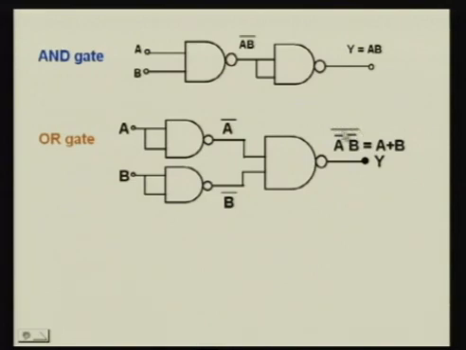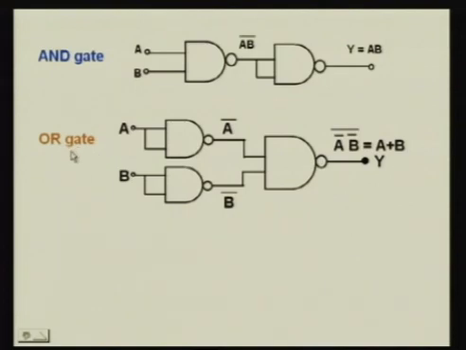So now we need this complement of A bar, B bar. We take A and B as input through inverters, so we will be getting A bar, B bar. We use A bar, B bar as the input, and at the output the complement of A bar, B bar, which we simplify, and then we will be getting A plus B. So this is very easy for an OR gate.